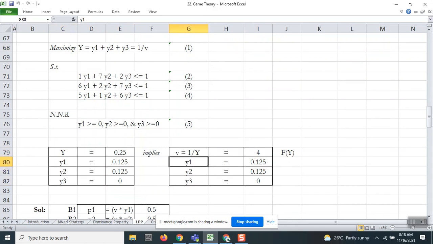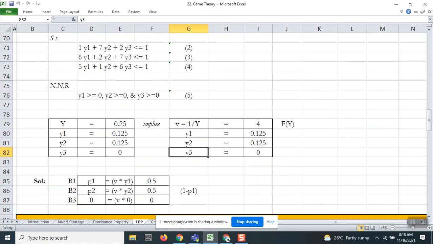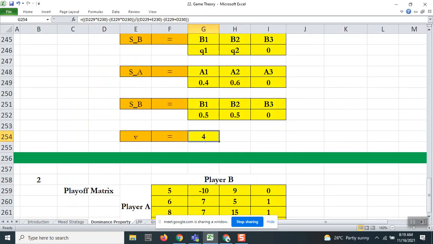But y1, y2, y3 are not the probabilities p1, p2, or p3. From these we can find the values of Q1 and Q2. For B1 it is Q1, and for B2 it is Q2. Remember the formula which we used in the dominance property, right?